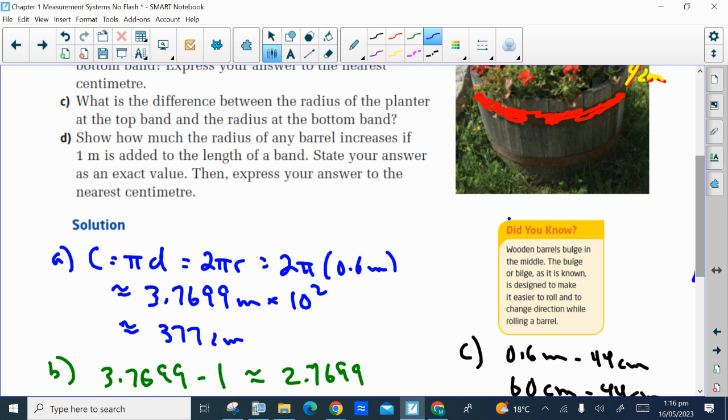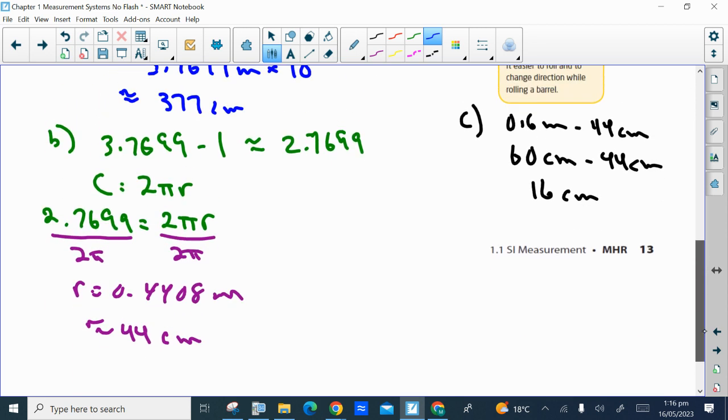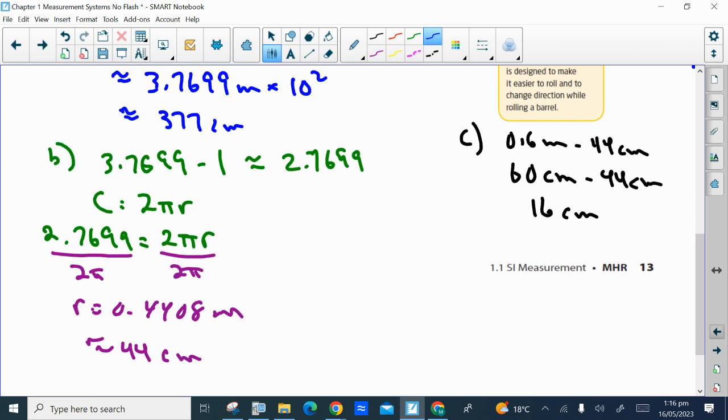Part D says, show how much the radius of any barrel increases if 1 meter is added to the length of a band. State it as an exact value, then to the nearest centimeter. So the length of the band is the circumference of the circle.